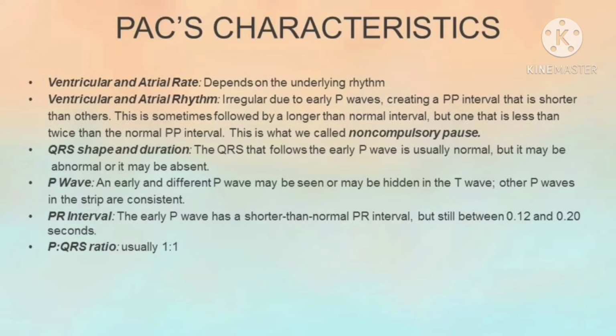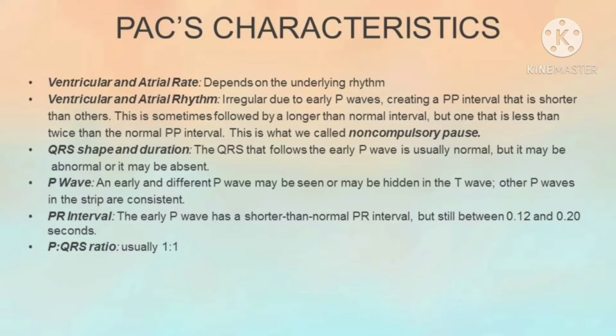Ventricular and atrial rhythm are irregular due to early P waves, creating a PP interval that is shorter than others. This is sometimes followed by a longer than normal interval, but one that is less than twice the normal PP interval. This is what we call a non-compensatory pause.